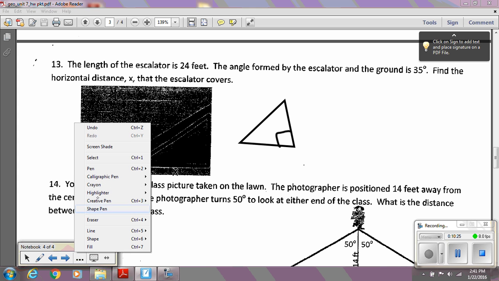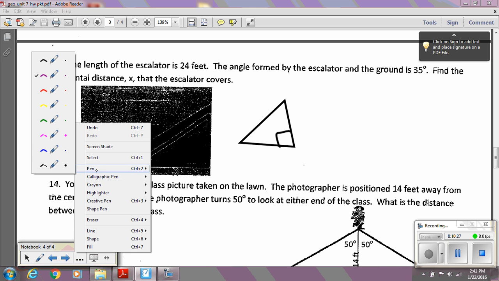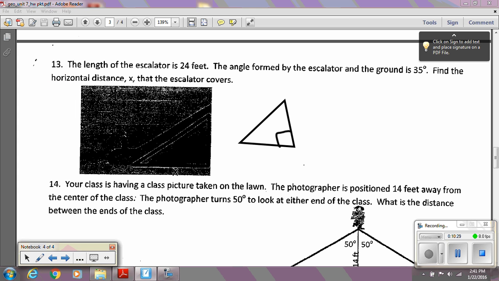Alright, horizontal distance is x down here. The angle formed with the ground is this angle here, so that's 35. It says the length of the escalator, so that's this height. And now we have enough information.